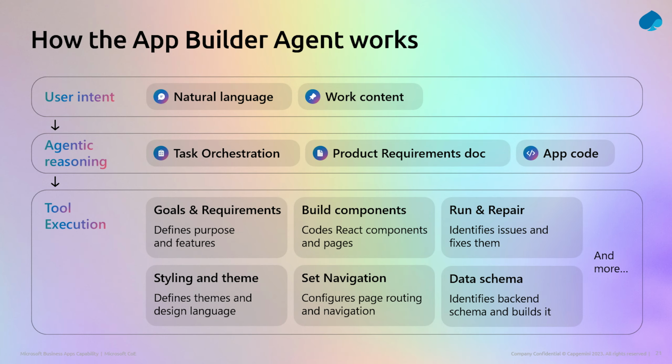All right, really quickly on how the system works. It's basically user intent, natural language, and work on it. The agent has multiple little agent pieces inside of it that take care of things. Like there's a task orchestration mini agent, a product requirements agent, an app code agent. All of that is behind the scenes. And in the execution itself, this is where multi-agent really comes to the fore.